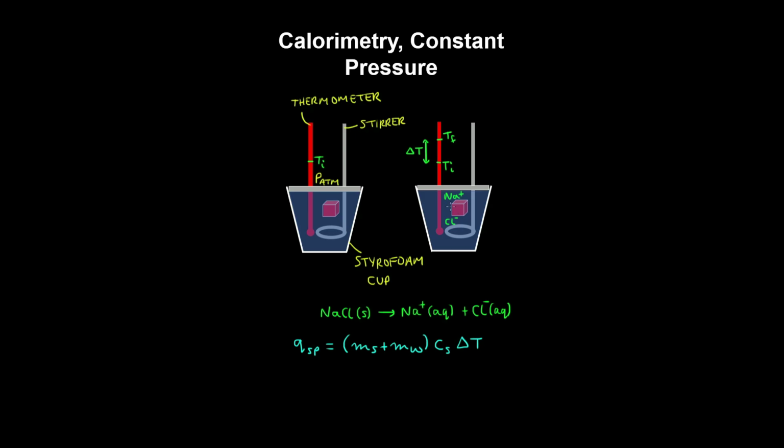And therefore the heat released due to the dissolution of the ions at constant pressure is a negative of the heat absorbed by the solution. So therefore the dissolution process is exothermic, because the temperature of the solution increased.